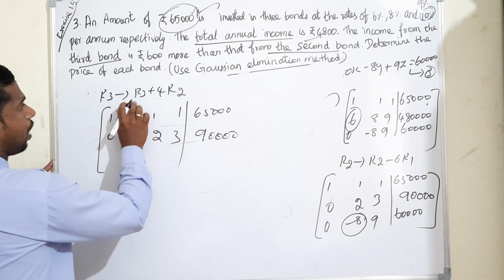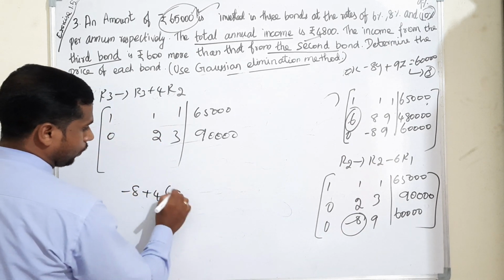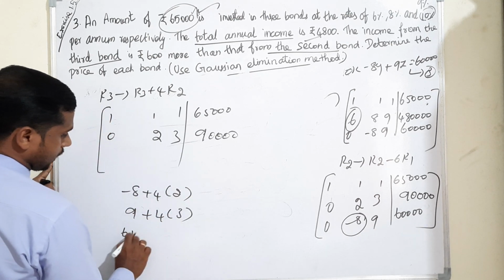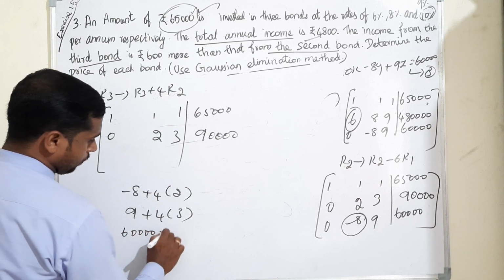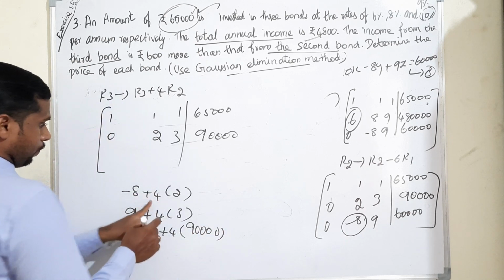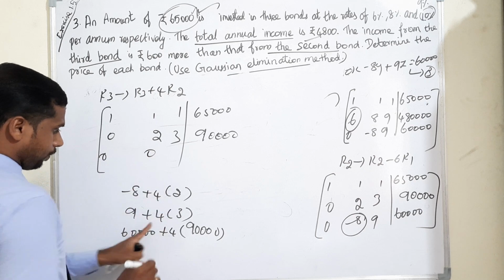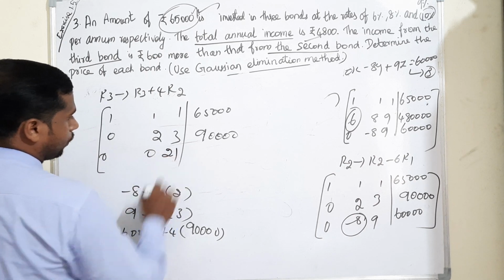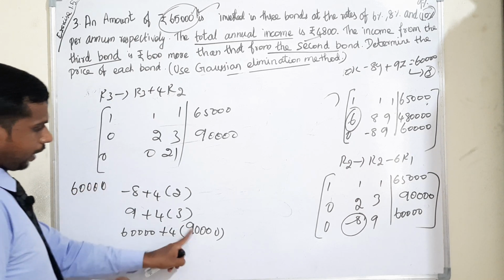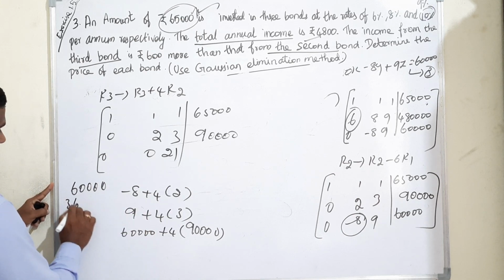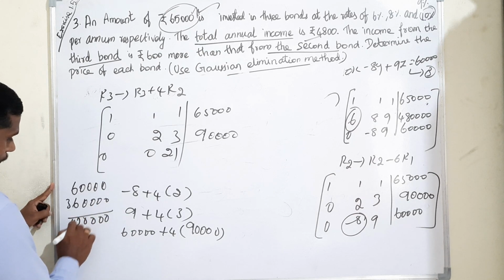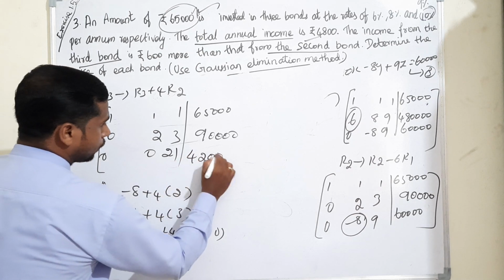Third row R3: minus 8 plus 4 into 2, again 9 plus 4 into 3, next 60,000 plus 4 into 90,000, isn't it? 4 into 2 is 8, minus 8 plus 8 is 0, 4 into 3 is 12, 12 plus 9 is 21. Here already 60,000 is there. 9 4s are 36, 36 plus 6 means 42. So 42 and the 0s.